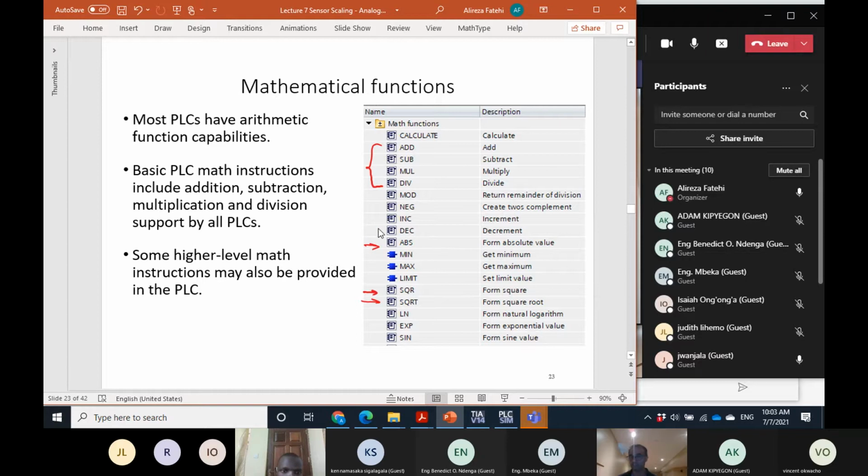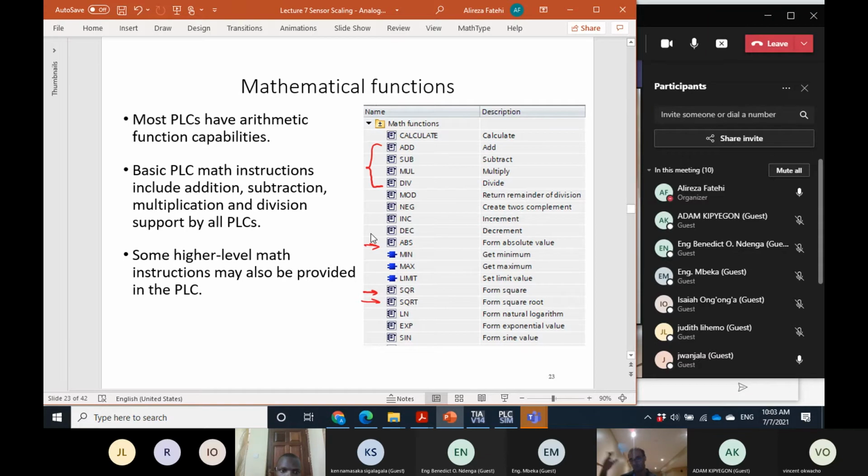There are some math functions that are supported by advanced PLCs. Siemens is one of the advanced PLCs, so it supports many advanced math functions, but please notice it depends on the CPU. Some of the CPUs of the PLC cannot support all of the math functions.